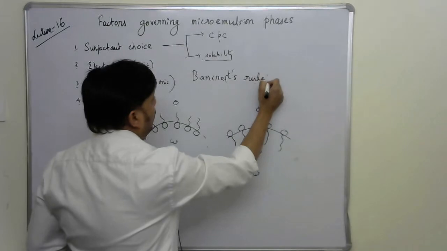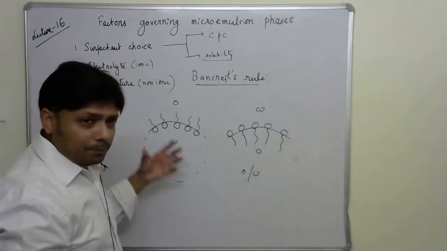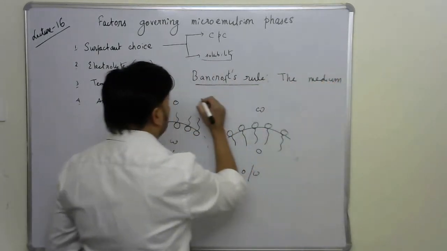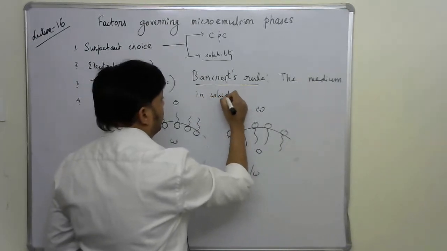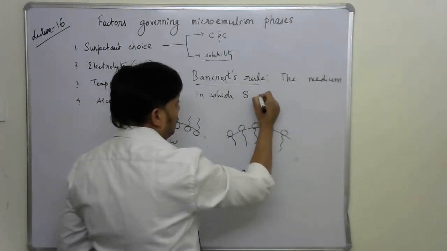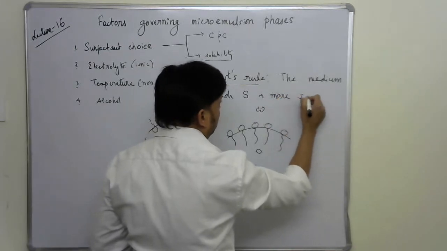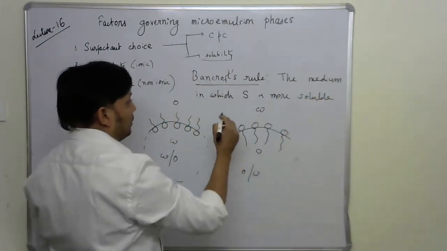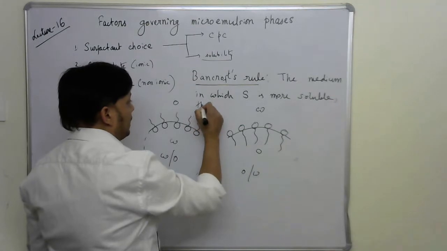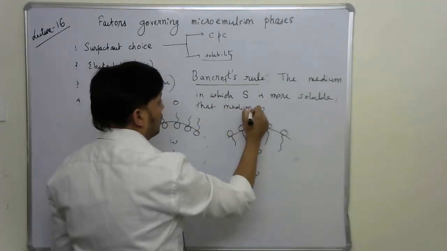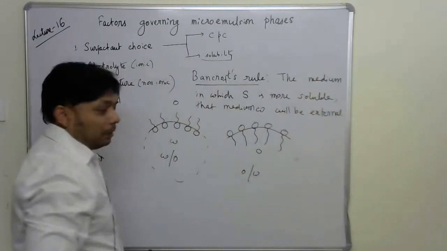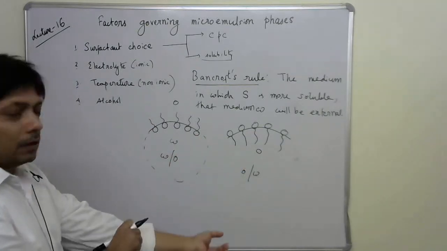The Bancroft rule says that the medium in which the surfactant, in short form I'm writing S, is more soluble or stable, that medium will be the external medium. That means outside of those droplets.